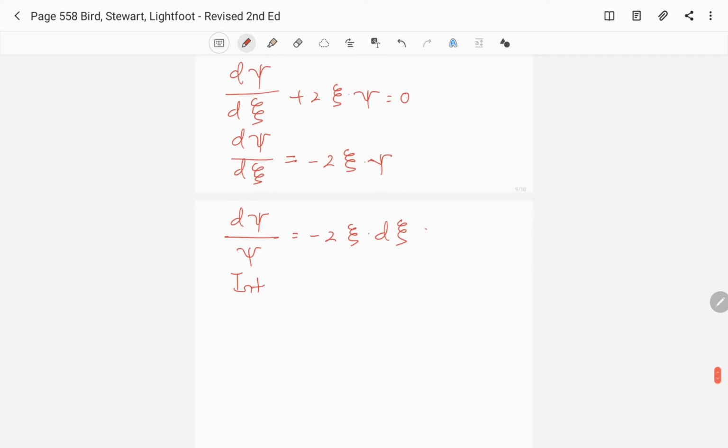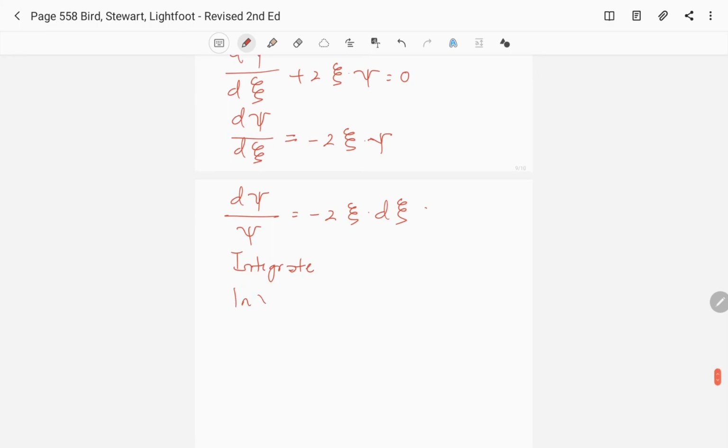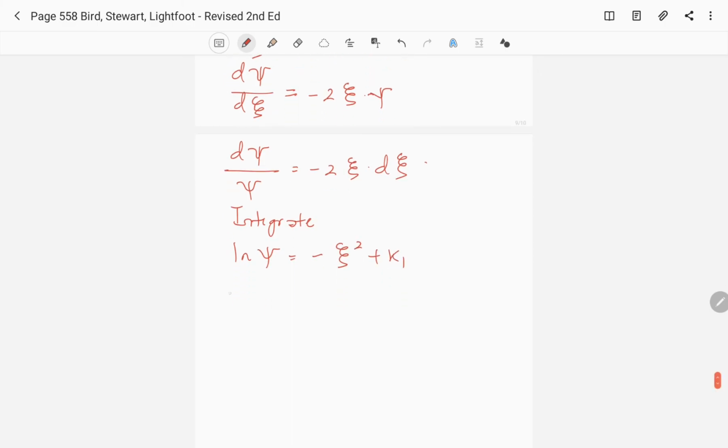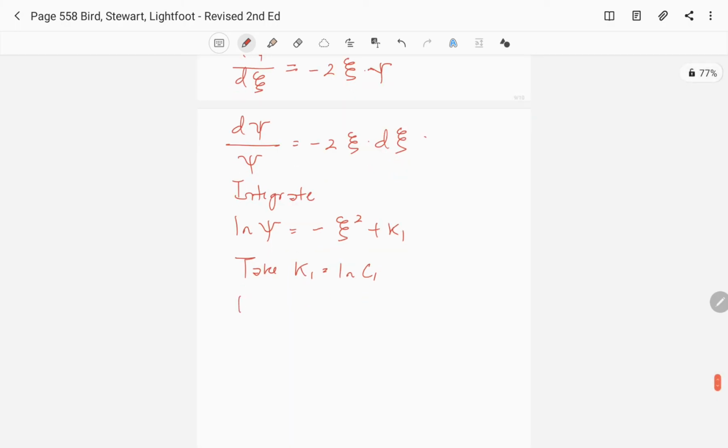Then we can integrate this. ln this equal minus k1, and we can take k1 is equal ln c1 plus ln c1.